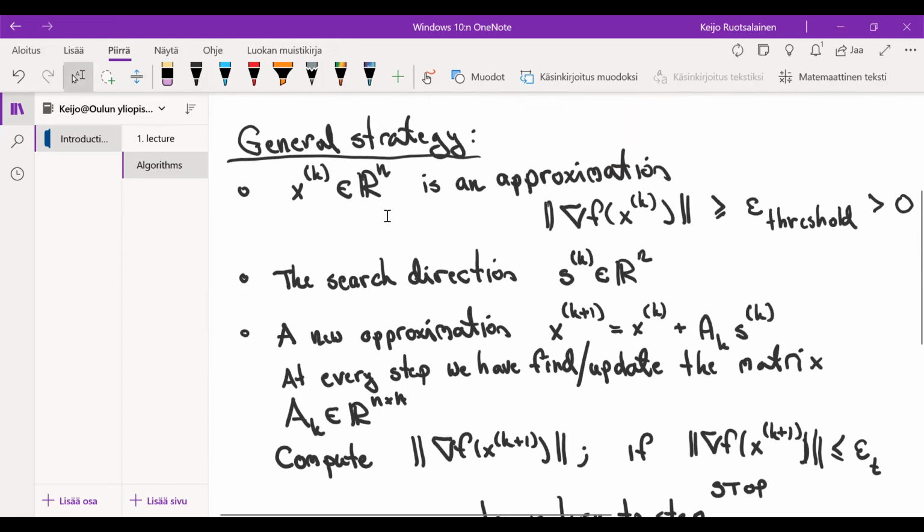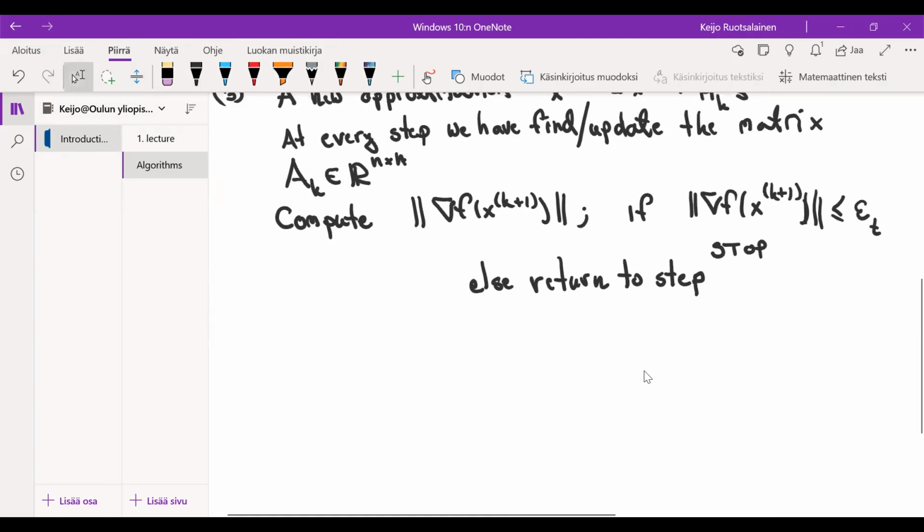Okay, let's change this one. So this is step 1. Step 2. And you carry out this iterative process until you have achieved this criteria.